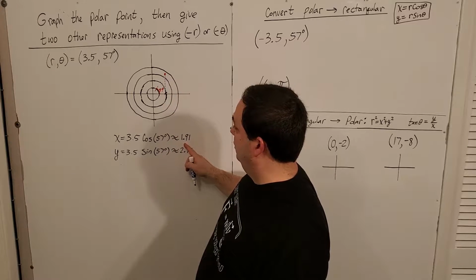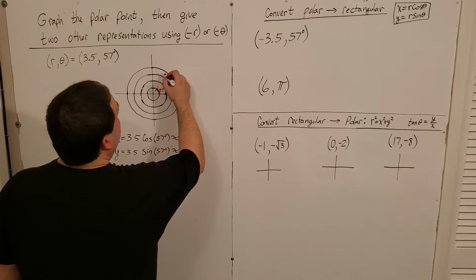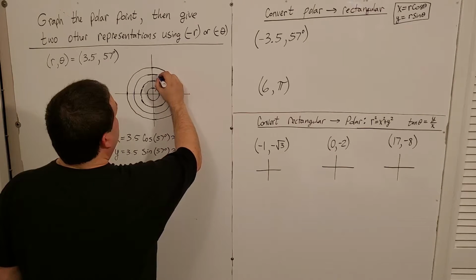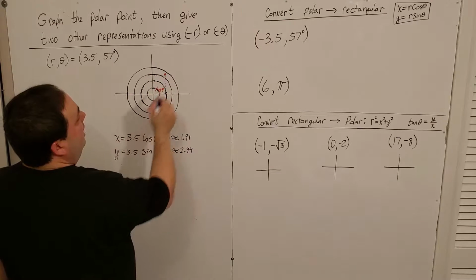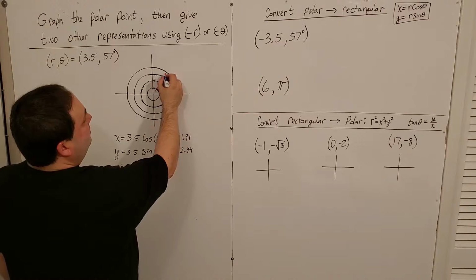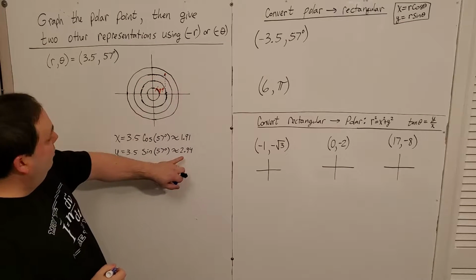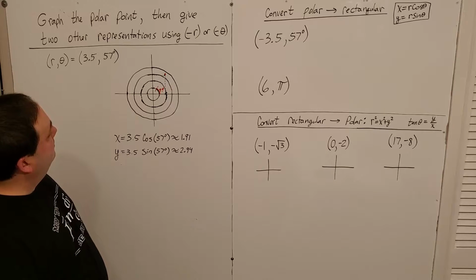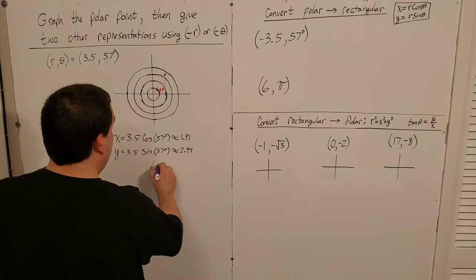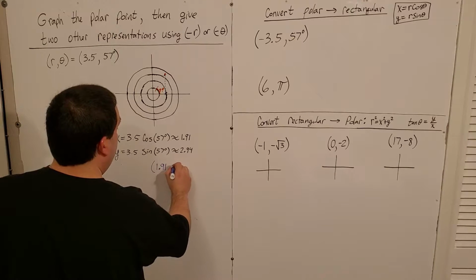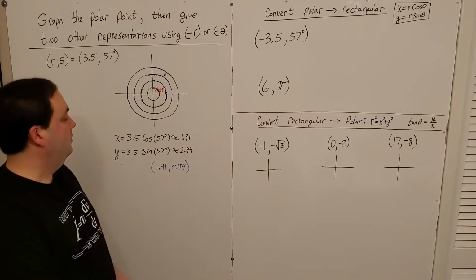So it's just under 2 on the x-axis, and it's just under the 3 marker right here, you see? I know my point's really big. It's actually right there. It's just under the 3 marker, right? Right there. So this is the rectangular representation. 1.91, 2.94 is the point. Okay?